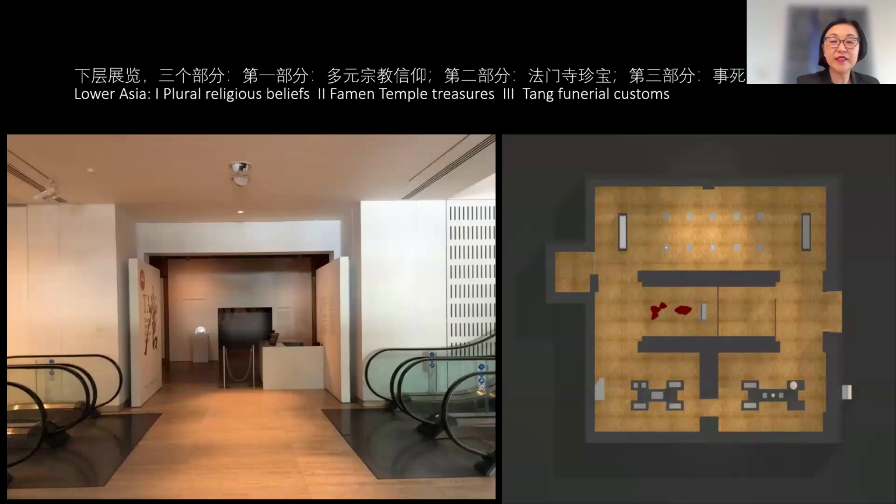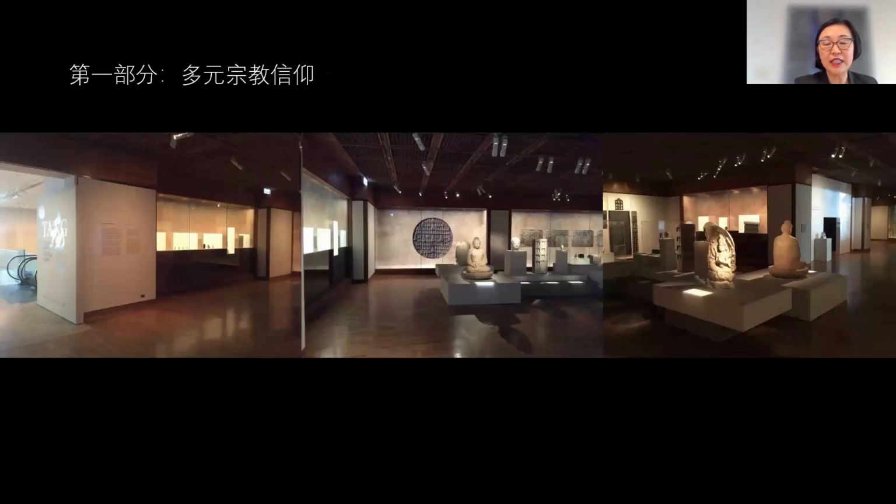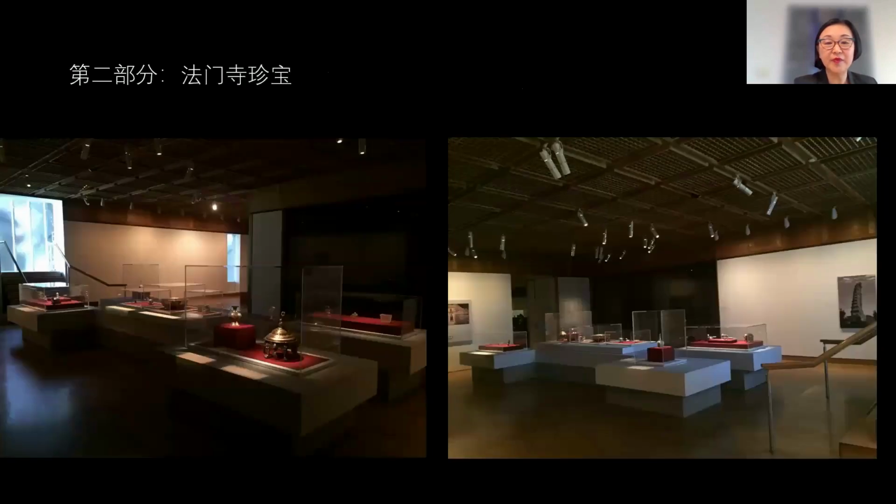And then here we have some images from the lower part of the exhibition in Lower Asia, which has three parts as well. The first is about the plural, different religious beliefs during the Tang Dynasty, including Buddhism and Taoism, and even Western, like Christianity first introduced in China.